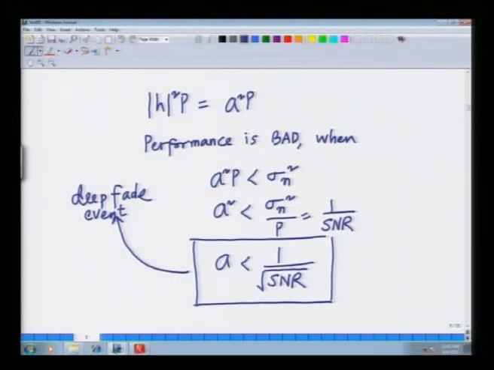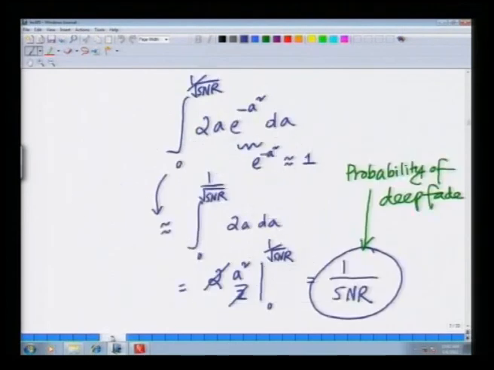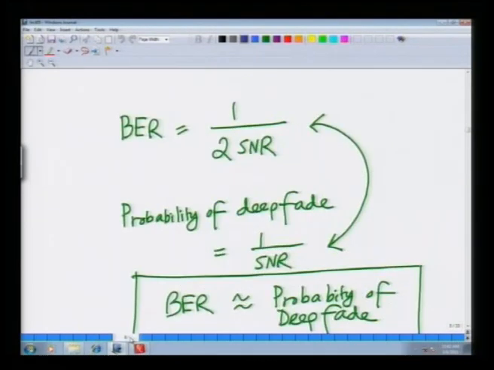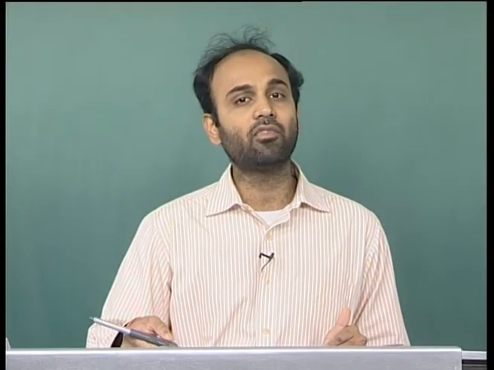And we said the probability that a is less than 1 over square root of SNR is precisely 1 over SNR. Hence the bit error rate expression that we saw, which is 1 over 2 SNR, is approximately equal to the probability that a is less than 1 over square root of SNR, which is what we said is a deep fade event.